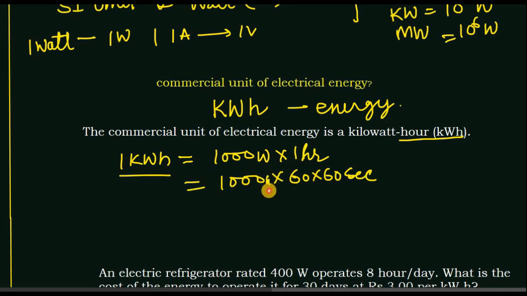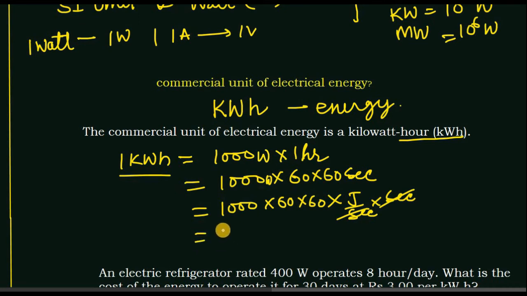In place of watt we can write joule per second, and the second gets cancelled by second. You will get 36 and 5 zeros. Finally you will get the answer 3.6 into 10 power 6 joules.